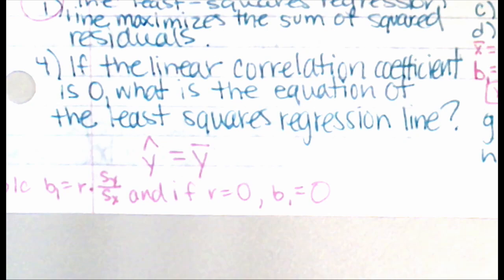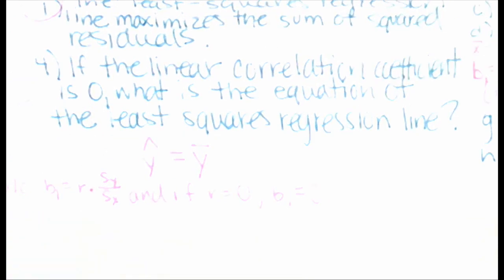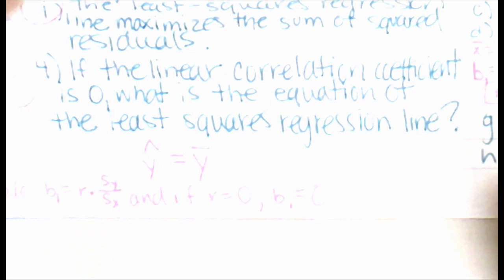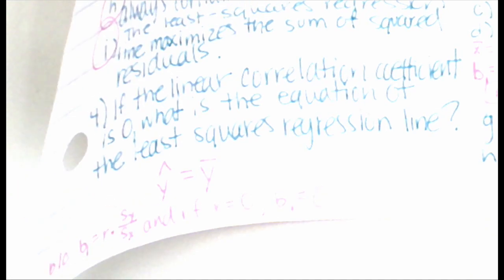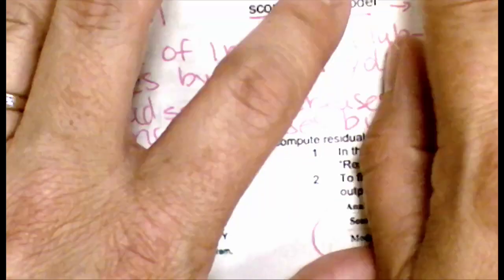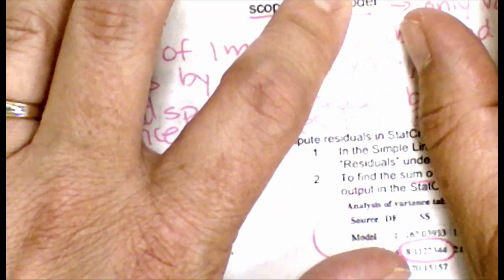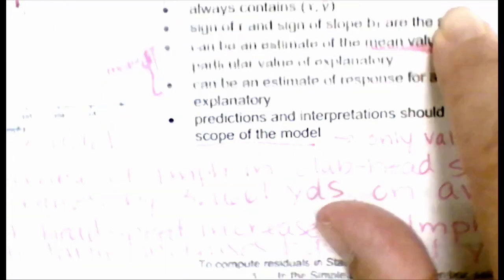So y hat equals 0 times x plus b sub 0. So that drops out the x term. And if you look, let me pull from the notes. If you look at the formula for b sub 0, it's y bar minus b sub 1 times x bar.